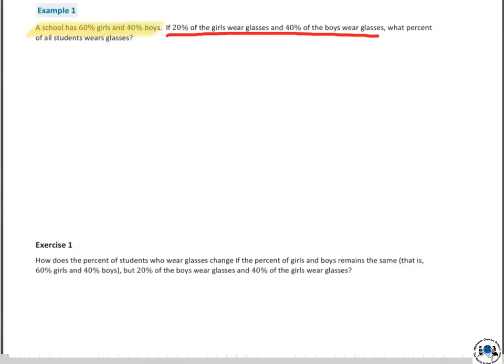If 20% of the girls, I'll say that again, of the girls, maybe a little bit of a hint as to which operation of math, wear glasses and 40% of the boys wear glasses, what percent of all students wear glasses?